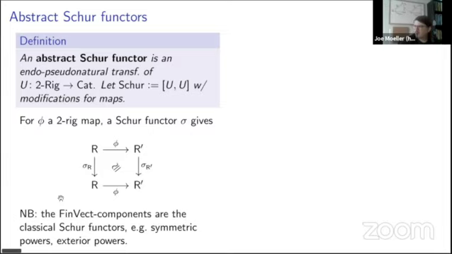And often when you study representation theory, you approach these things with Young diagrams and lots of combinatorics to try to even get around to defining Schur functors and the way that they interact with each other.